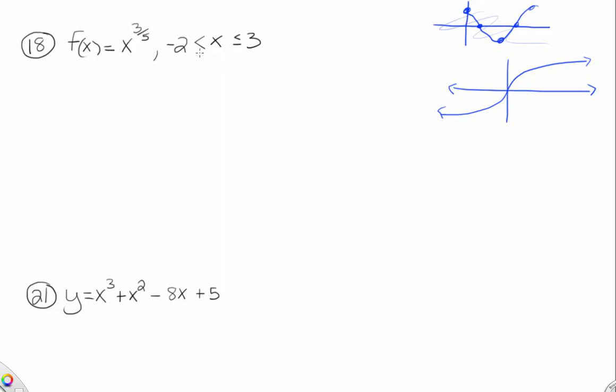Pay very close attention that on number 18, the left side at -2 is not included, but it would be clear that if we were including -2, that would be the smallest, but it's an open hole on this side.